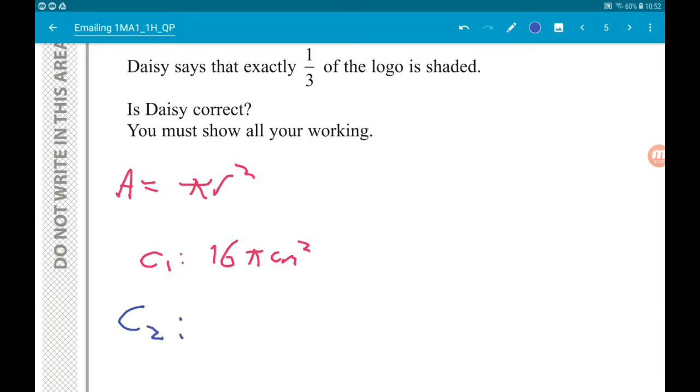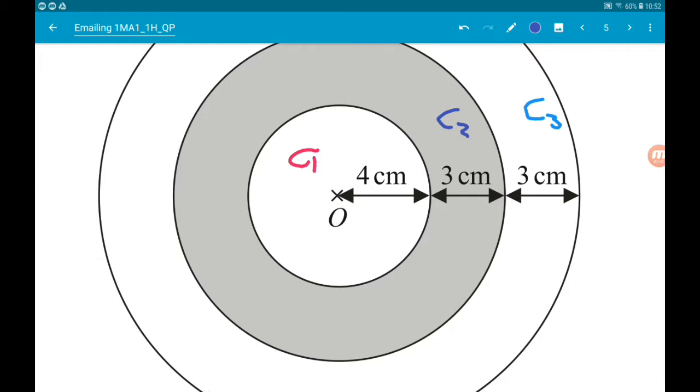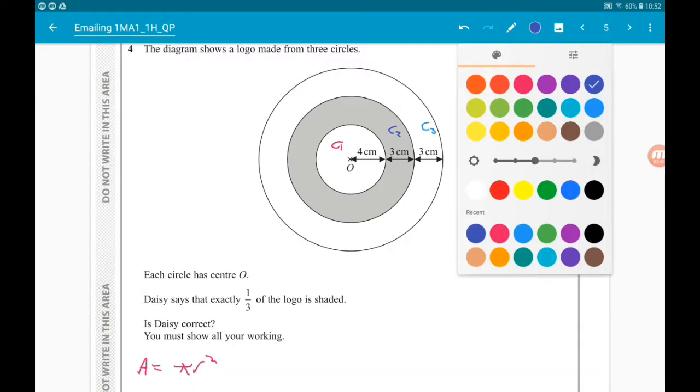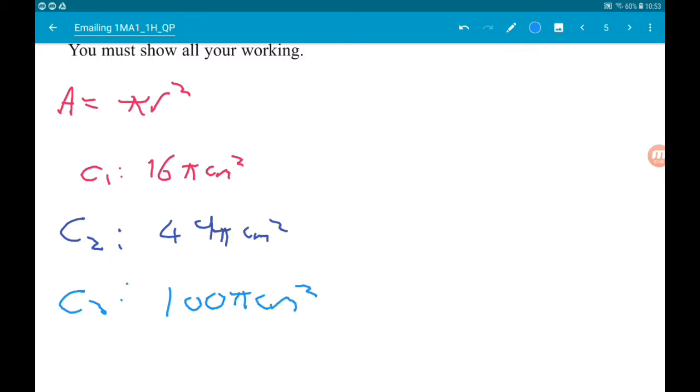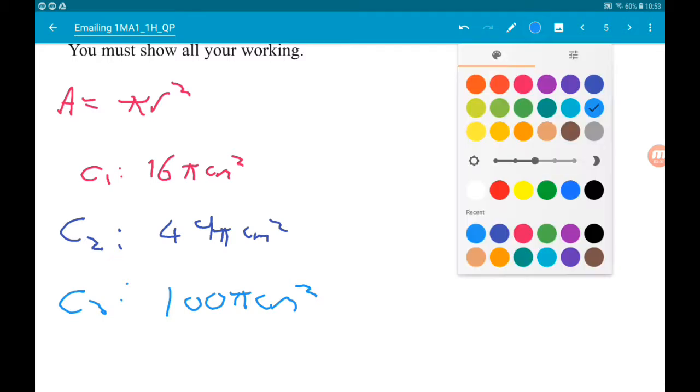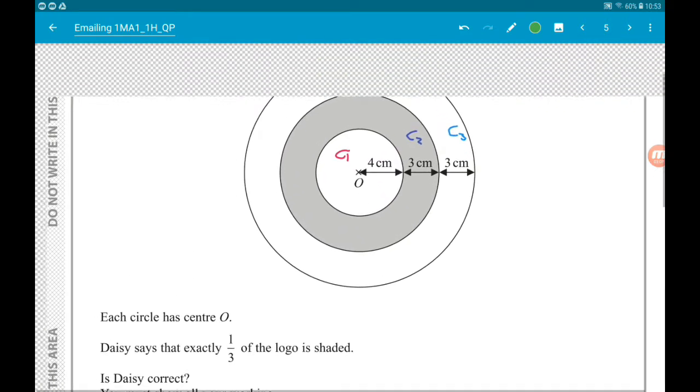So C2 is 49 pi. And C3 has a radius of 10, so the area is 100 pi. Okay, so we can work out the shaded area.